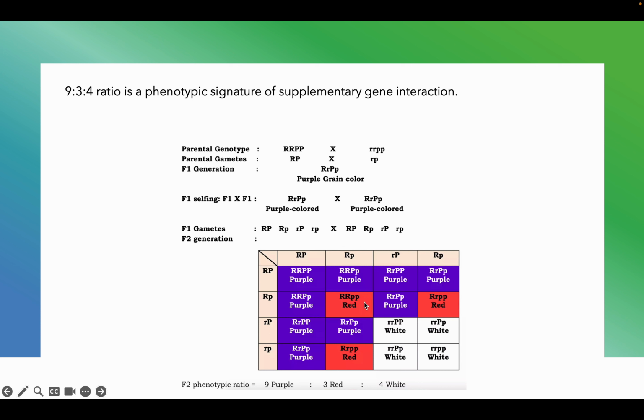So whenever they are individually dominant, either R is dominant but P is recessive, or P is dominant and R is recessive, we get a different color, red or white. But only when they both are present, we get purple color. So this is purple 9 when both are present, red when only R is dominant, and white when only P is dominant. This is called supplementary gene interaction, which means that the presence of another gene is supplementing the first one and we are getting a new phenotype.